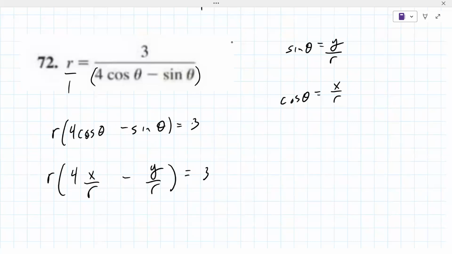Could you simplify this from here? It would be 4x minus y equals 3.